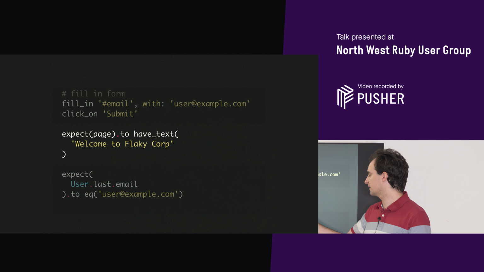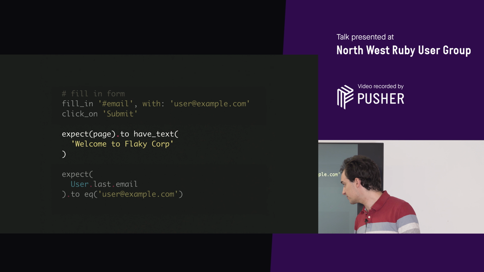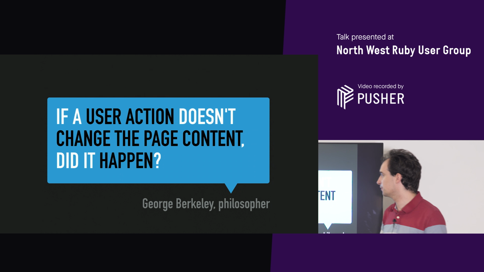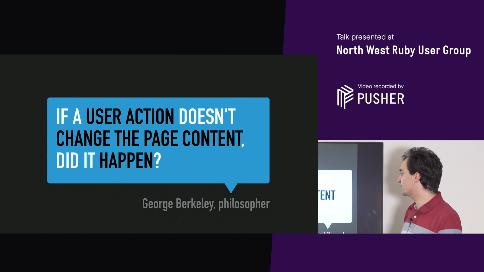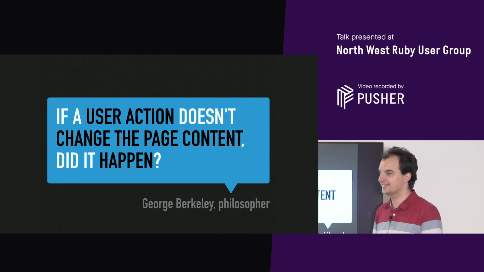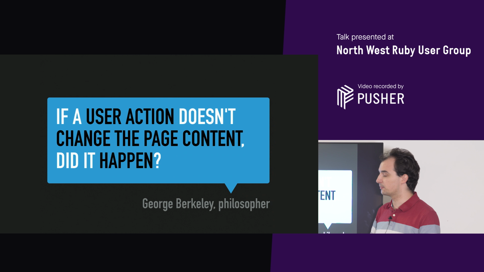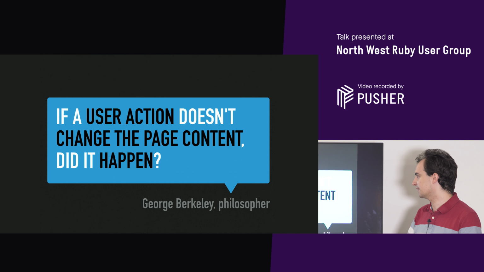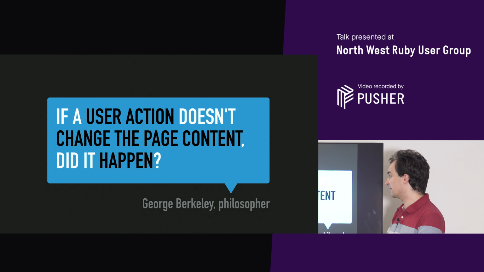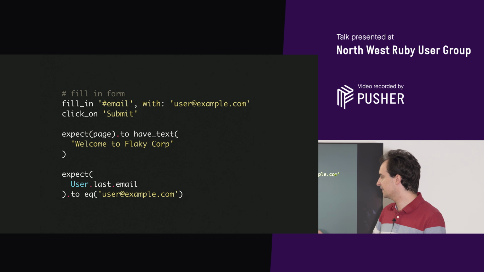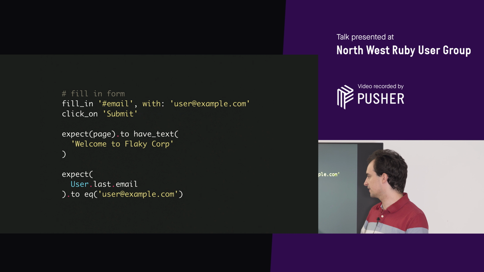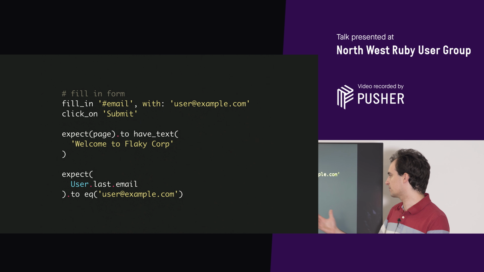So in this case, we're just saying, just have a welcome message. And so again, to bastardize the phrase, if a user action doesn't change the page content, did it actually happen? Is this test failure or test flakiness actually masking the fact that we're doing something, but we're not actually reflecting it to the user? And so this flaky test has kind of revealed a problem in our implementation, where maybe actually we shouldn't be making assertions against the database, but instead asserting that things are being shown to the user that could have only happened in this case because they got signed up.